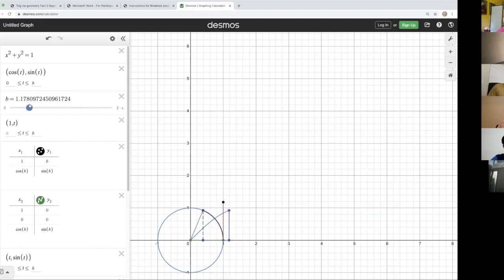So we've got lots of geometry going on here. And the dynamic nature is that we can move this. B is the maximum value of this parametric representation, which creates an arc on the unit circle, because cosine of t, sine of t will always be a point on the unit circle.